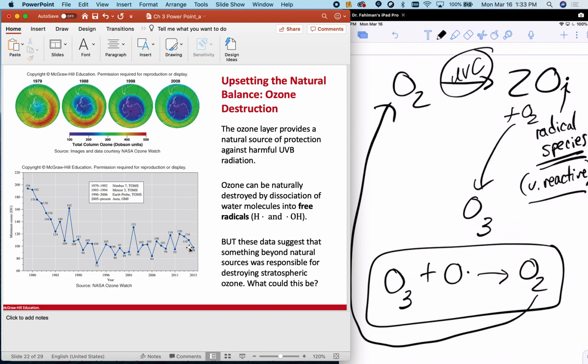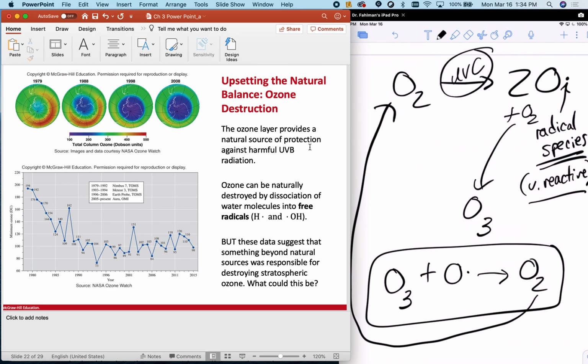It's variable, so depending on the months of the year it goes up and down. But if you're looking at the minimum amount, you can see it going down and then kind of going back up, but I'm going to show you it's really not improving as fast as they thought it would.